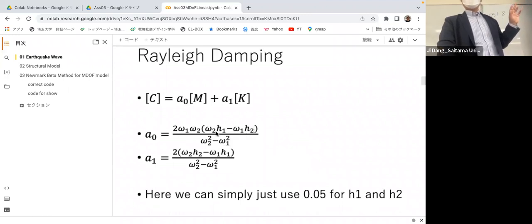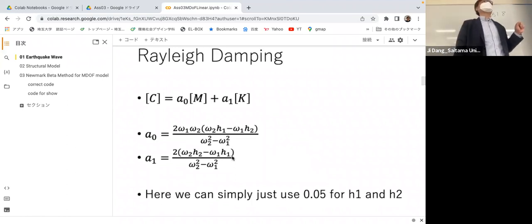If you multiply inside, one has omega 1 omega 2 to the power h1, and omega 1 to the power omega 2 h2, but the other is only omega 2 h2 and omega 1 h1. So this part is different. Then you can calculate A0, A1, and then you can calculate C. You can do your response analysis, which I am going to explain from right now.